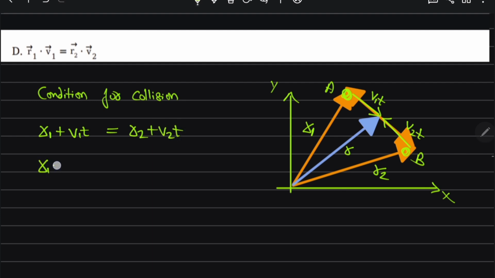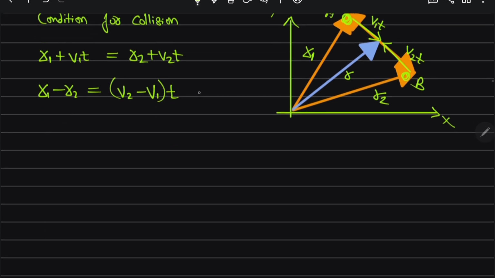So r1 minus r2 is equal to (v2 minus v1) into t. So this is our equation first. If we find the magnitude, the magnitude of r1 minus r2 is the magnitude of (v2 minus v1) into t.